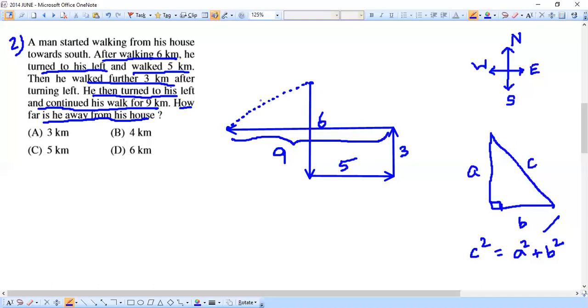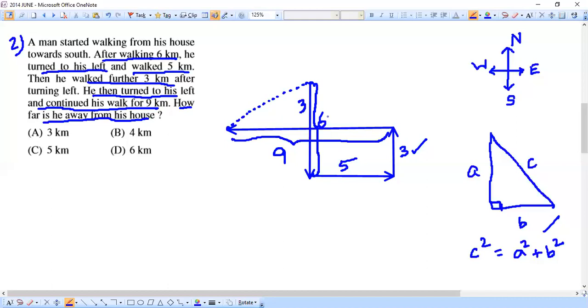Now let us carefully analyze it. All we know is that this entire distance is 6 kilometers because that is how we started. And with the 6, if I minus this 3 kilometers, we will have this beginning part to be 3 kilometers. Let's put the 3 here.